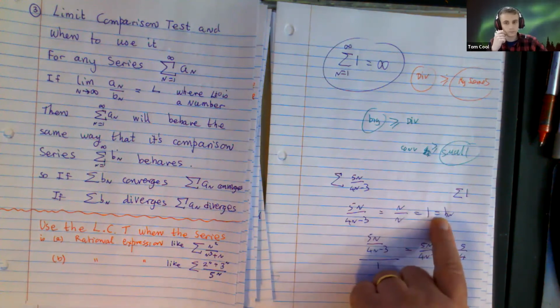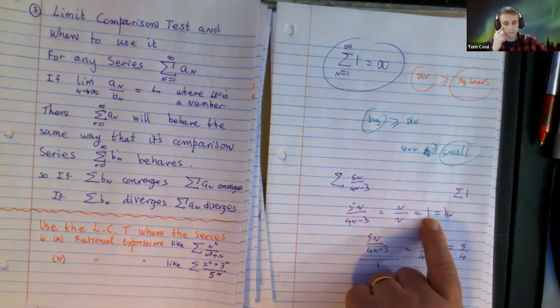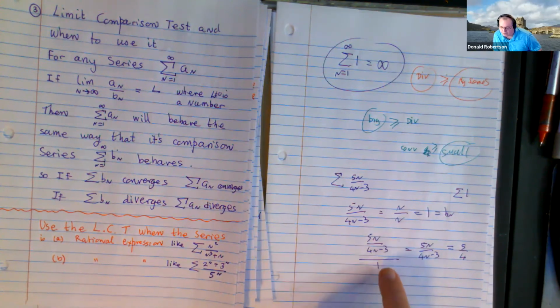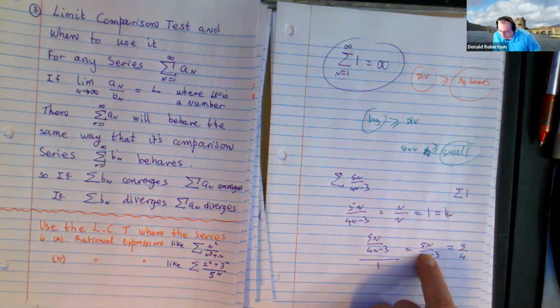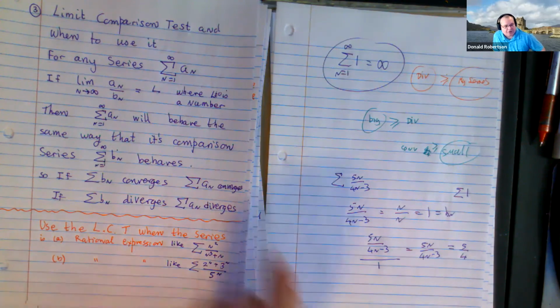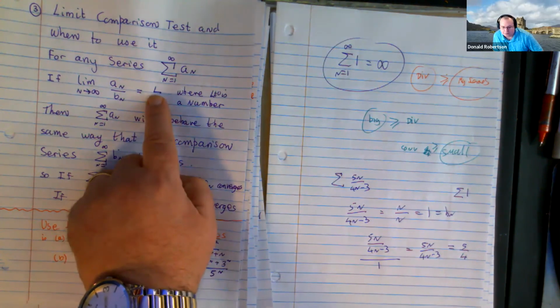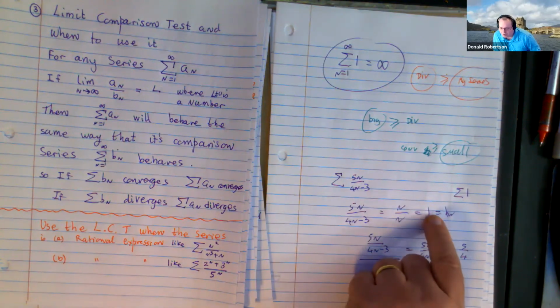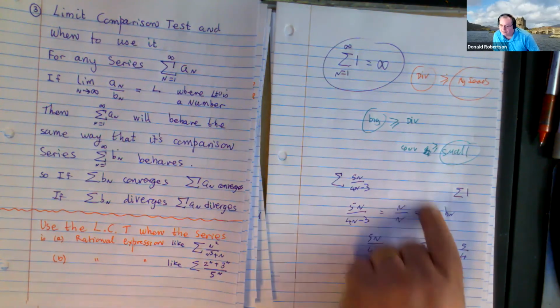According to the limit comparison test, if you take the original and divide it by the comparison, which in this case is 1, you get that. Now, if the limit is a number that's not 0, won't my guy behave the same way that sigma 1 behaves?